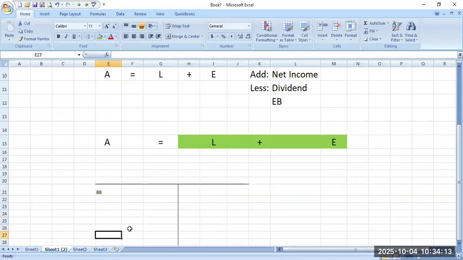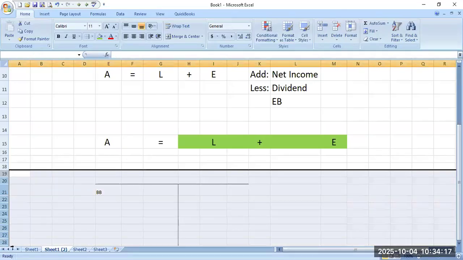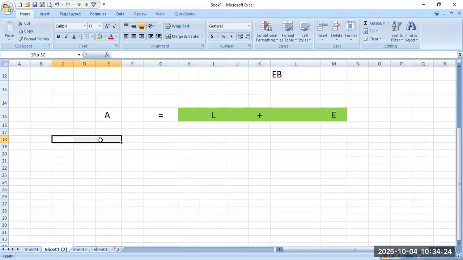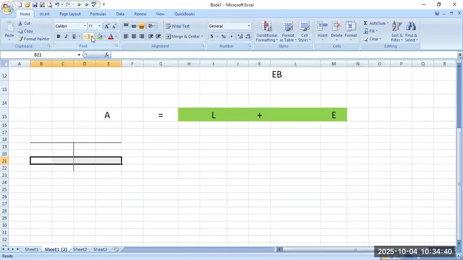Let me get rid of this for a second, and I'm going to create something different. I'm going to open one T account here. You're familiar with the T accounts, correct? Yes. Okay, that's good.